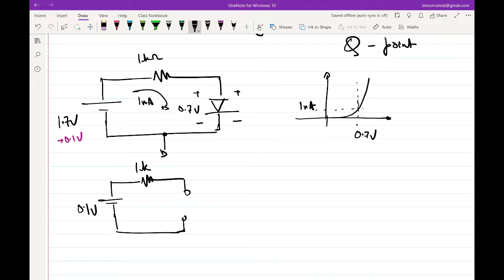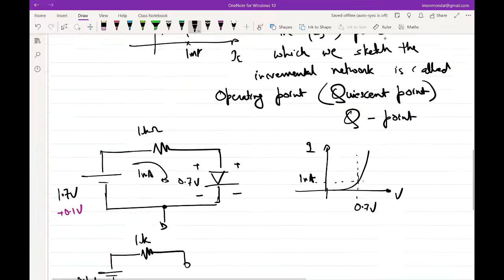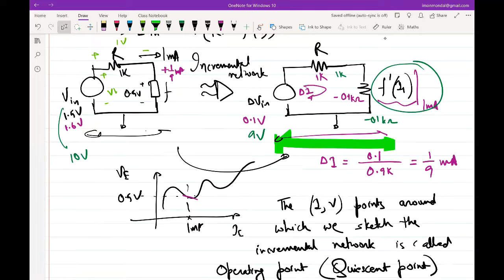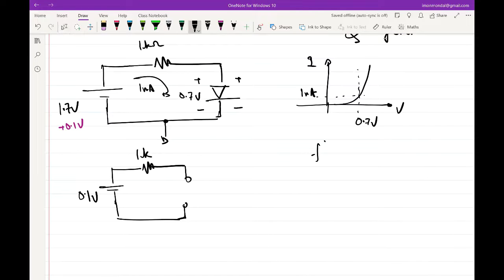I need to find the derivative around the operating point in the IV characteristics. Before I dive there, let me make one more point, which I missed a couple of minutes back. This derivative that we see, f prime I1, is essentially del V del I, around the operating condition of I1 V1.